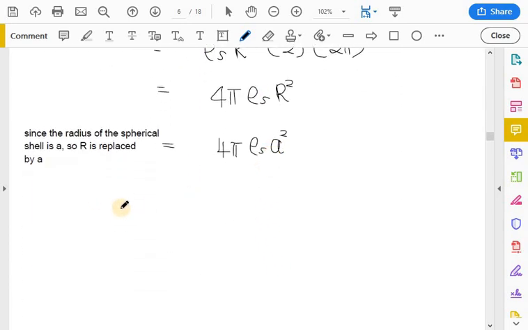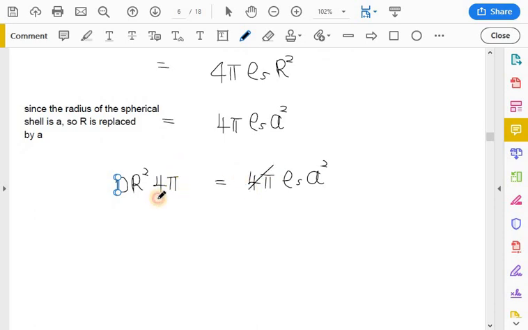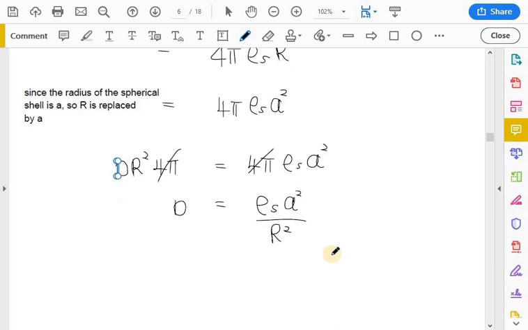Now I put the left hand side and right hand side together: 4 pi R square E equals 4 pi rho s A square. So what you do is cancel out, leaving rho s A square over R square. This one is your magnitude.